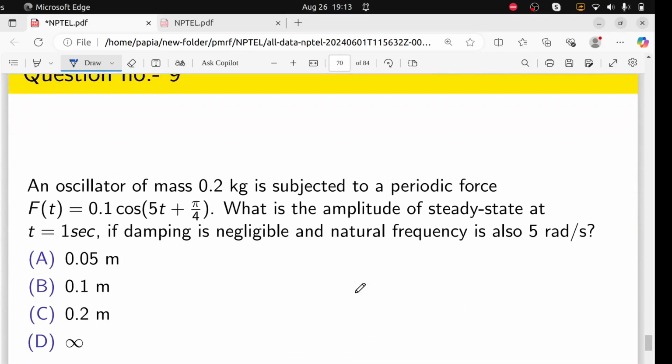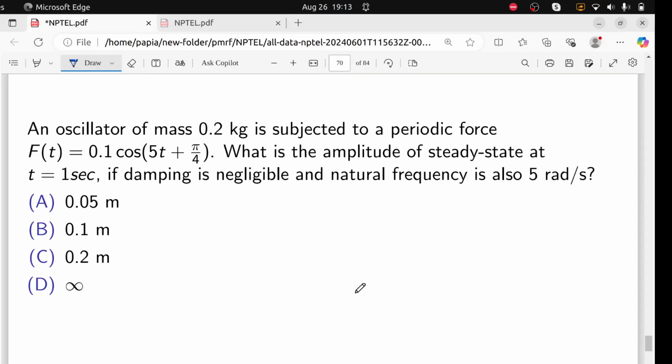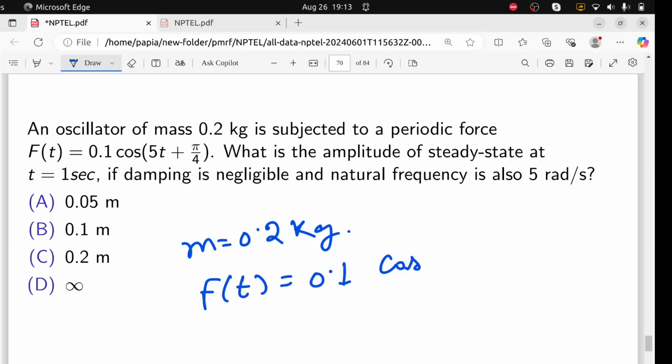Now coming to question number 9. An oscillator of mass 0.2 kg is subjected to a periodic force 0.1 cos(5t plus pi by 4).